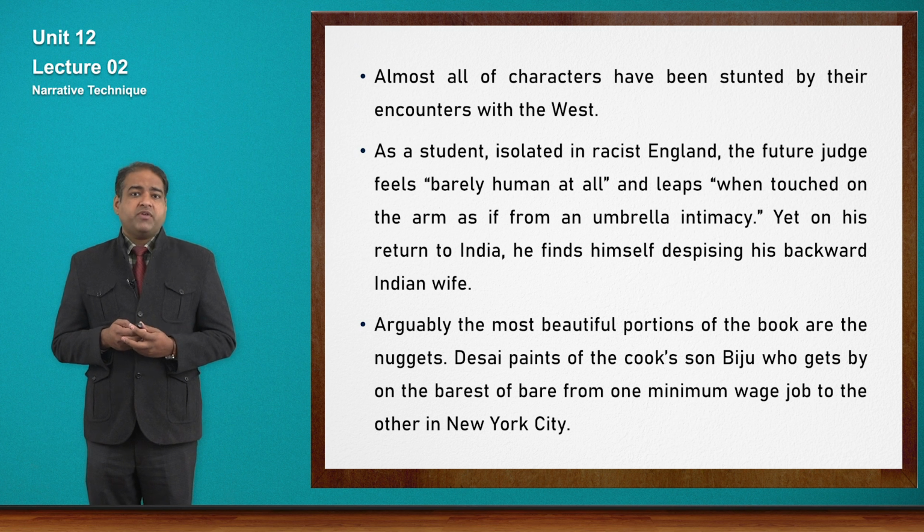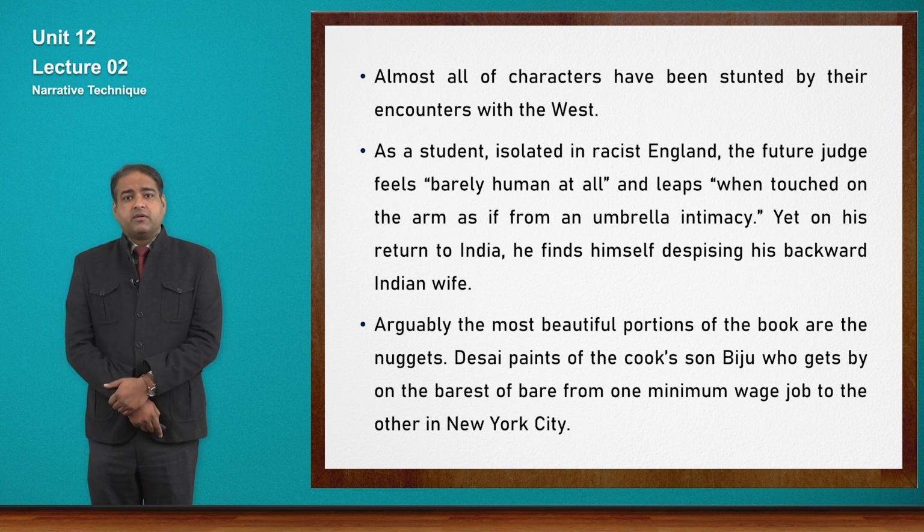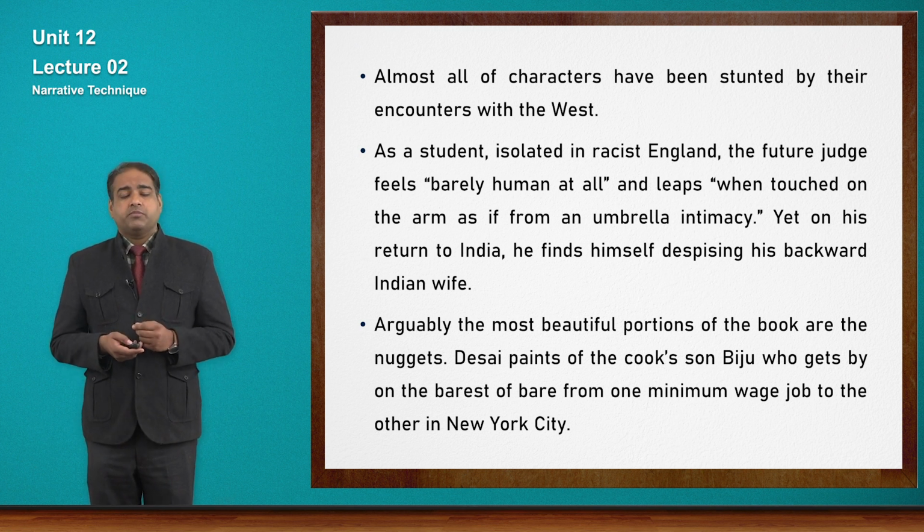When Biju is traveling from one restaurant to another, he is thrown out from the jobs, he is fired from the jobs, he is not stable there, and he's feeling humiliated, he's feeling agitated, but there is no solution to his problem. Let us try to understand the condition of Biju with the help of this quotation.